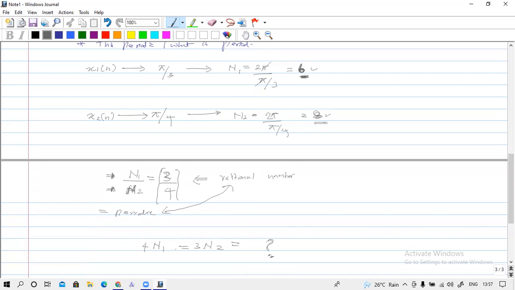We will get 4N1 equal to 3N2. So what is the value here? You can substitute any value. You know N1 and you also know N2.